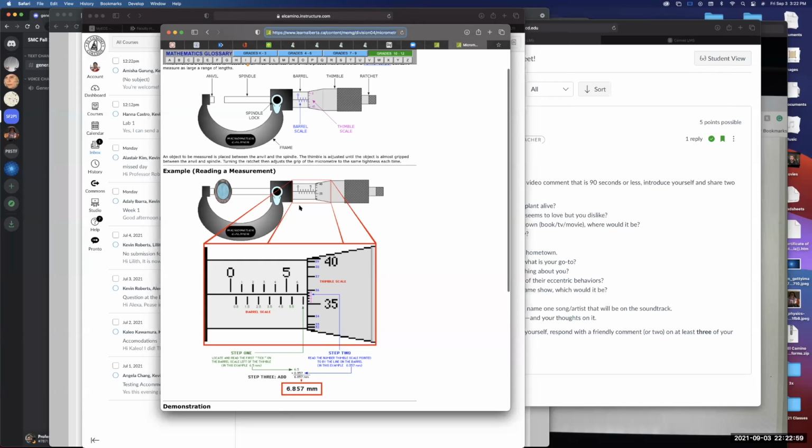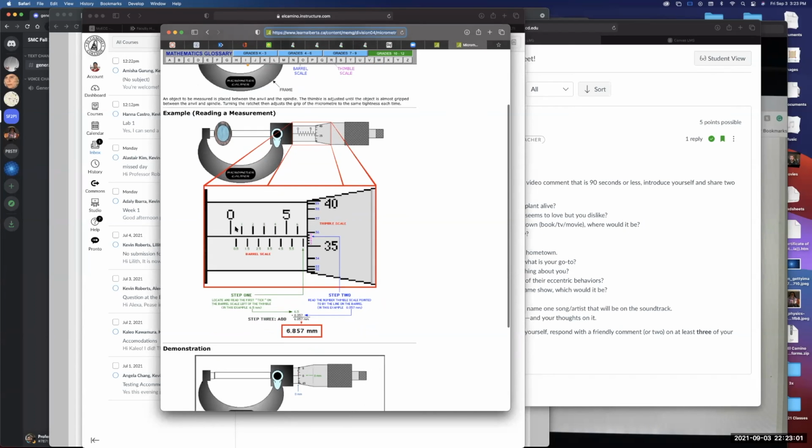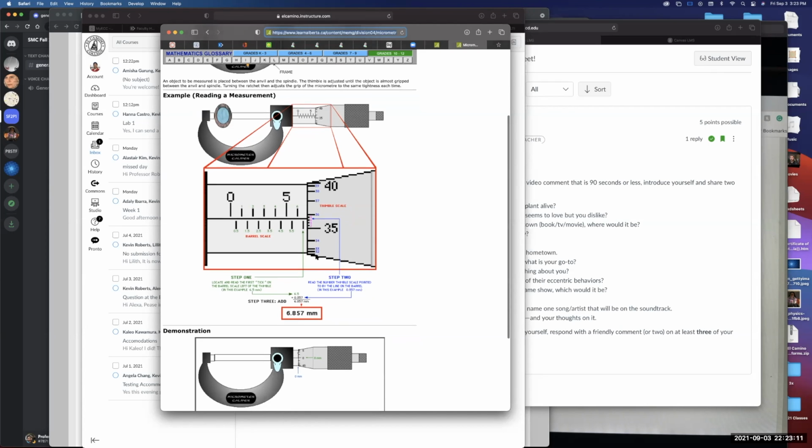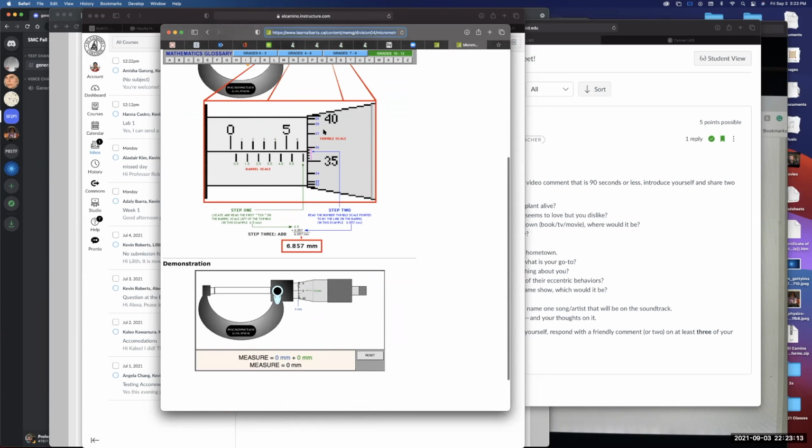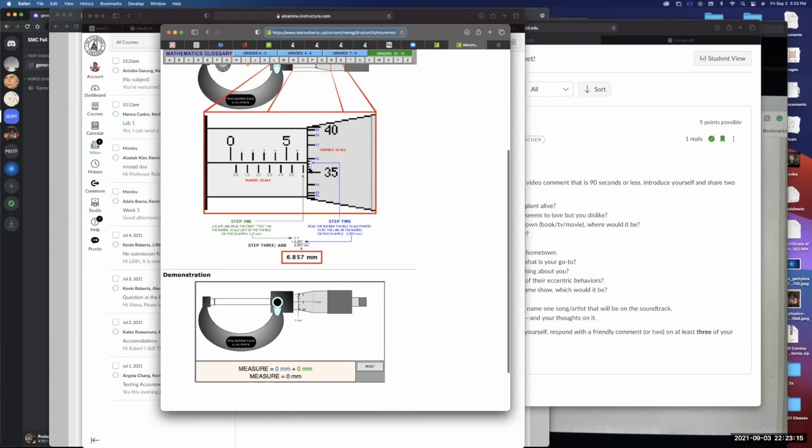The barrel scale is here, so this would be 0, 1, 2, 3, 4, 5, 6, and these are half ones. And this is the thimble scale.